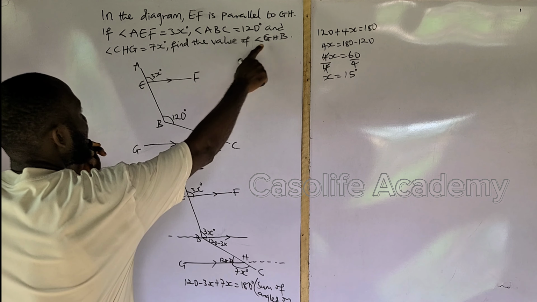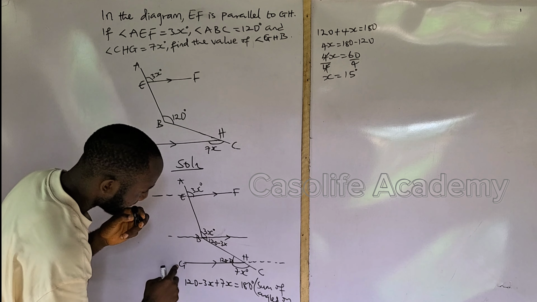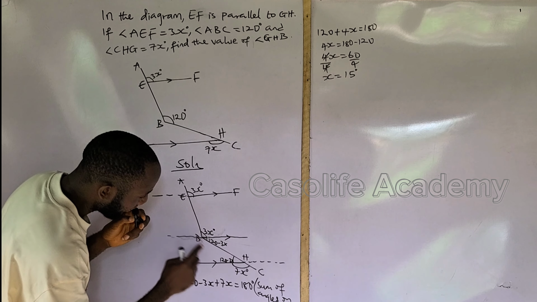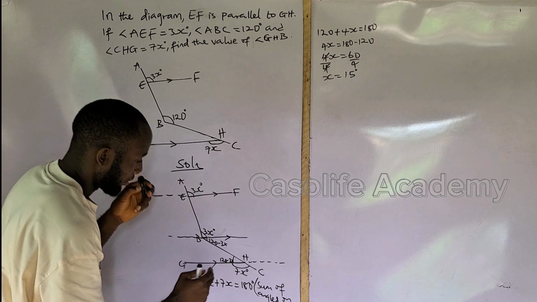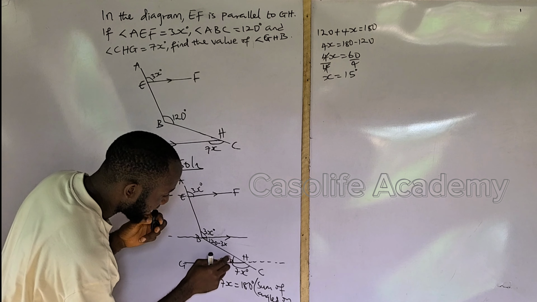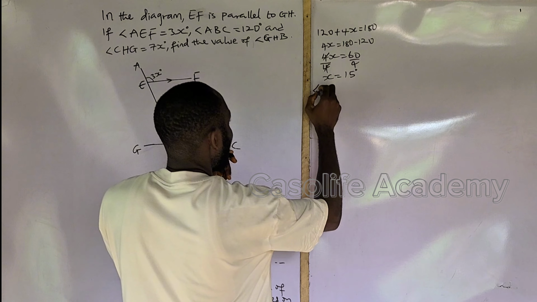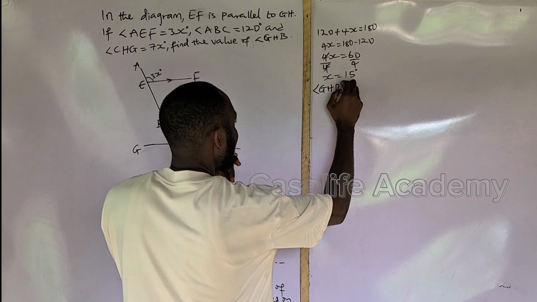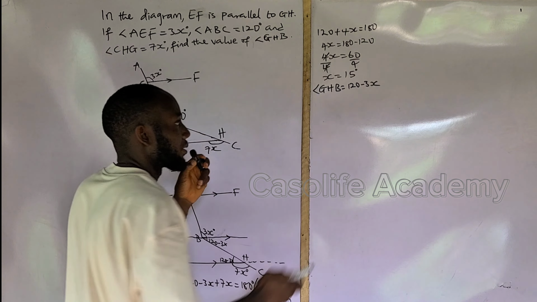We are asked to find GHB. The center letter is the one that normally has the angle you are looking for. So this is H. So here is what we are looking for. So we can now say that angle GHB is 120 minus 3x.